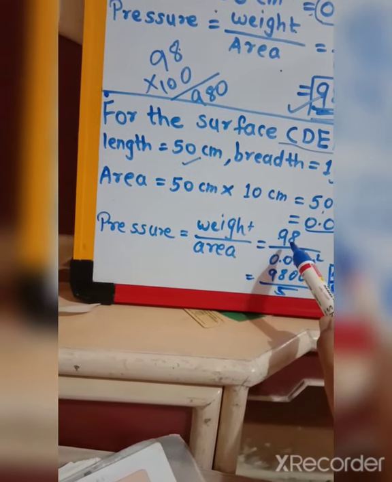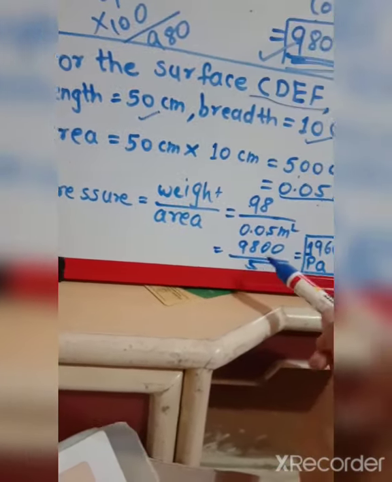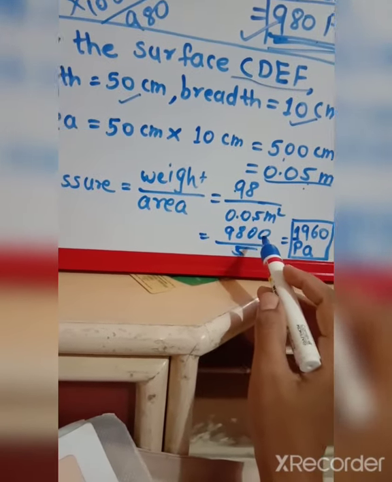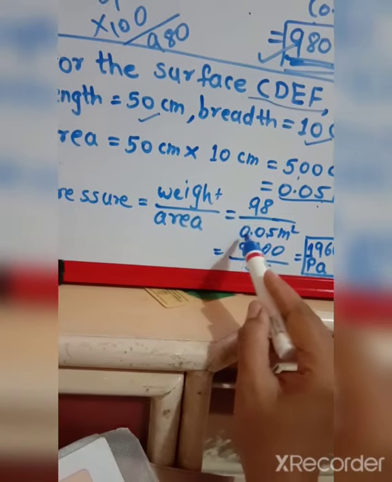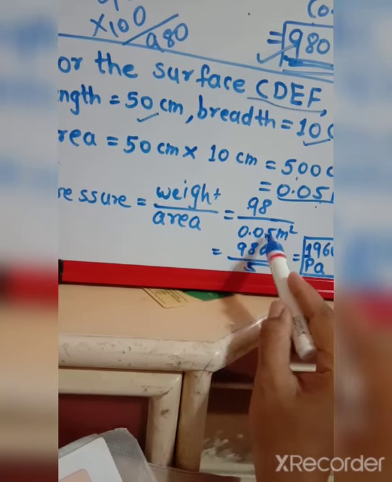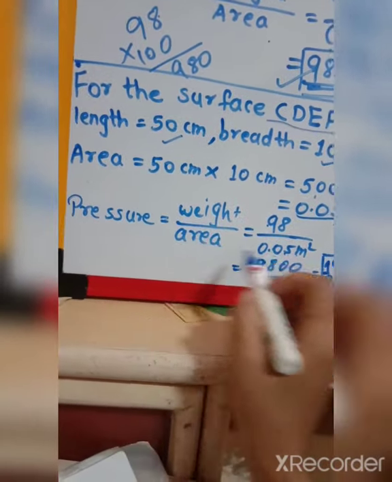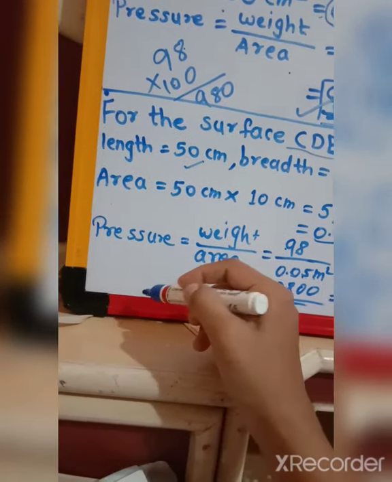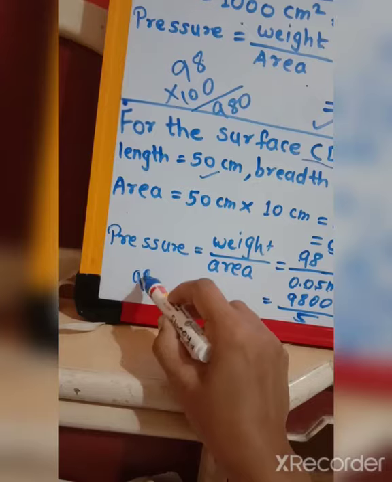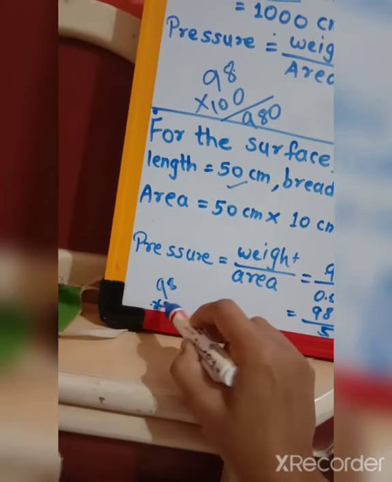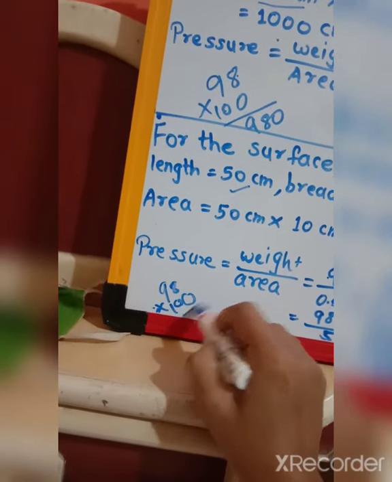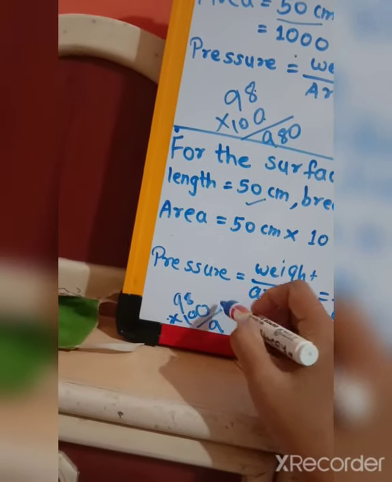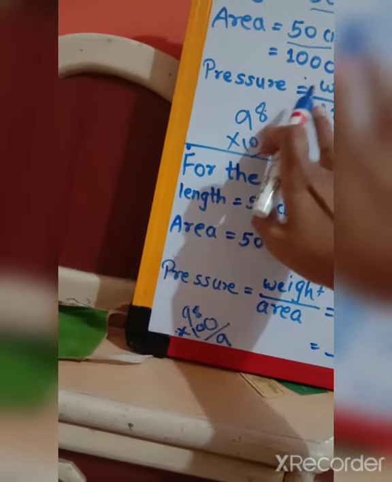Now again that will be converted into Pascal. So to convert it into Pascal, we'll apply the formula. Here 0.05, so this 20 will go up for the conversion. So 98 will multiply by again 100 as we have done over here.